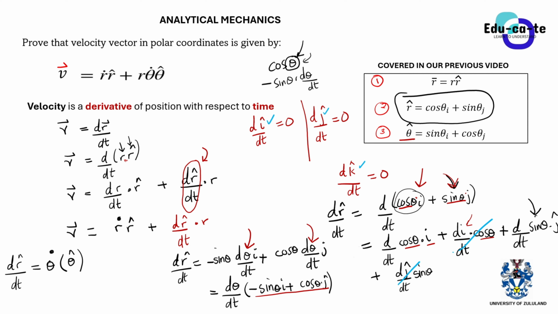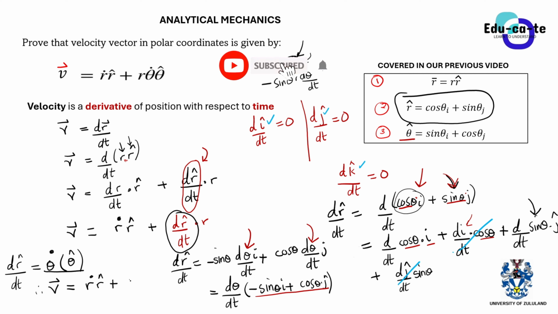Now you can substitute it there, because we were trying to find it so that we can substitute it here to find our velocity vector using polar coordinates. So substituting theta dot theta cap there, we will have a final expression for the velocity vector. Velocity is equal to, you've got r dot there, you've got r cap, then this is plus the derivative of r cap with respect to time, we got theta dot theta cap.